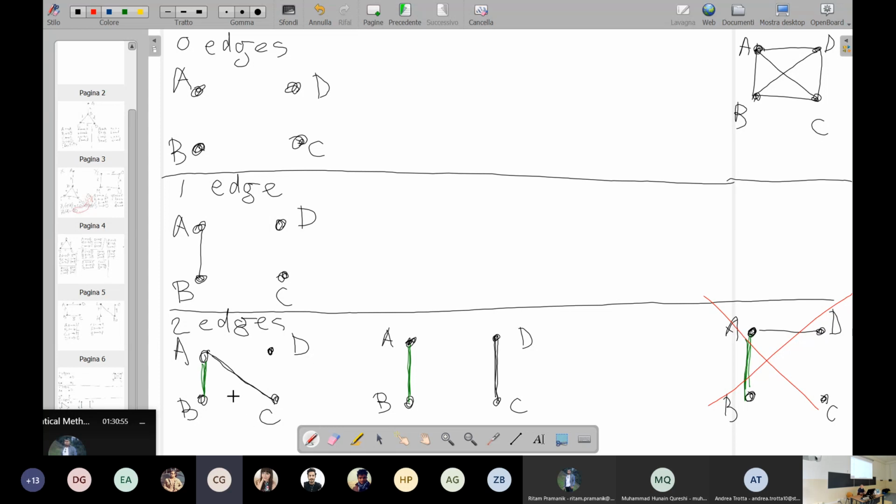Professor, I think it's related with the degree of the vertex. Sure. If we only have two edges, the degree of the vertex can only be two, so there are only two options. No, look, we have also this possibility where we don't have any vertices with degree 2.